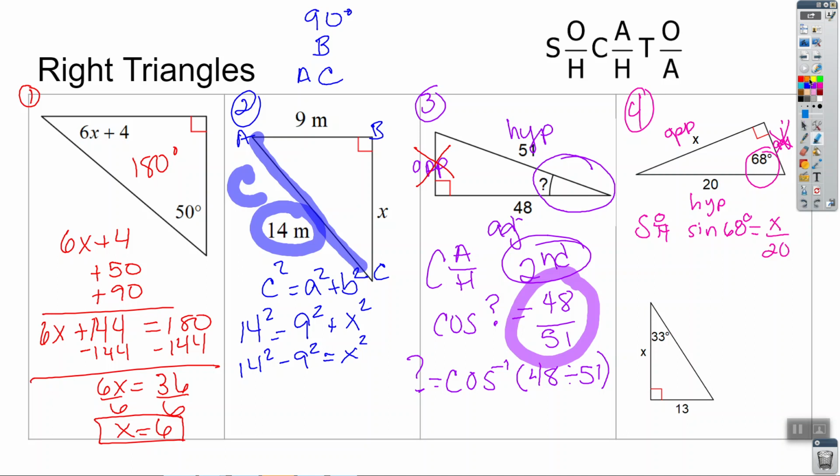Once again, I look at this fraction, and I can see that x is on the top. Since x is on the top, I multiply. So x equals 20 times sine of 68.